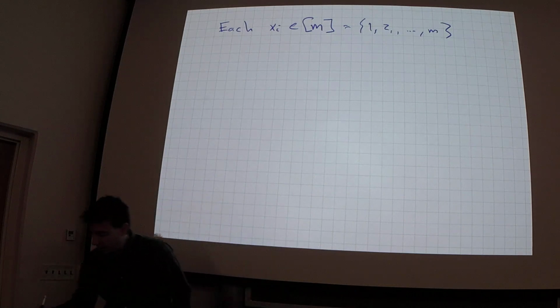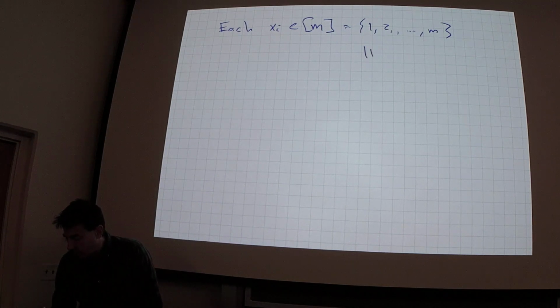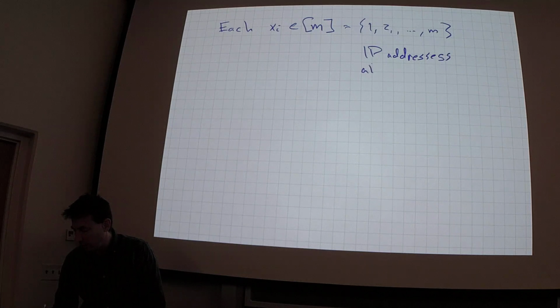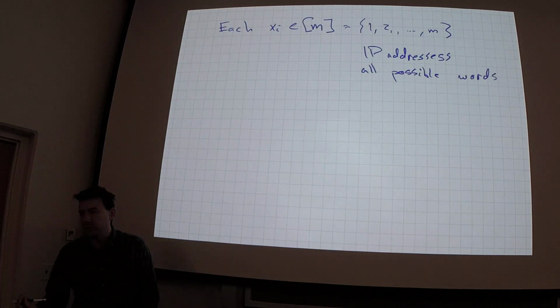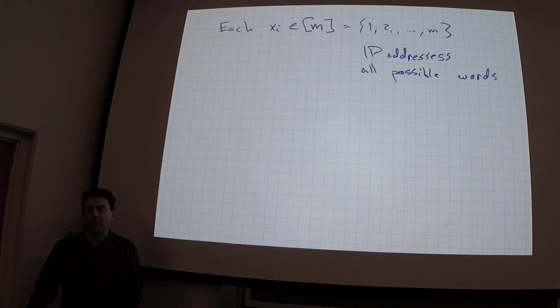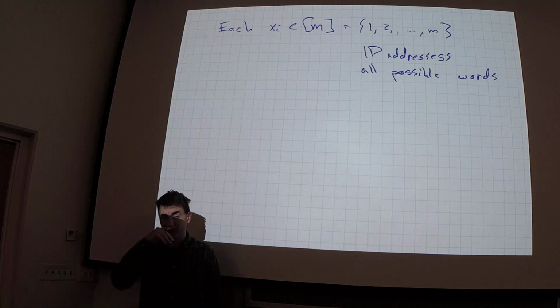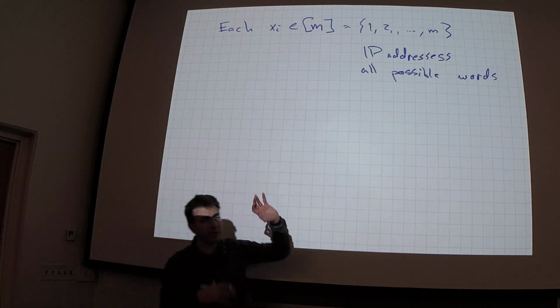This can represent things like all IP addresses. It could be like all possible words. So it used to be you would think of all possible words.